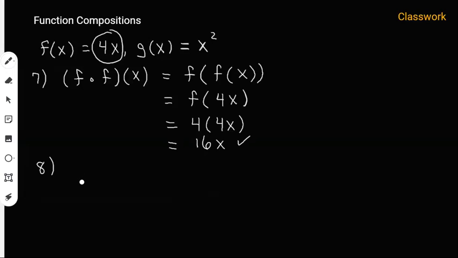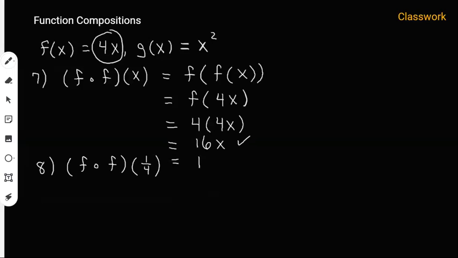All right, so that we call our composite function, or our function composition. Now for number 8, it's asking us a question that's a little bit different. It's saying, take f of f that you just found, but evaluate it at 1/4. So what we're going to do is take that 16x that we just found and replace that x with a 1/4 and see what happens.